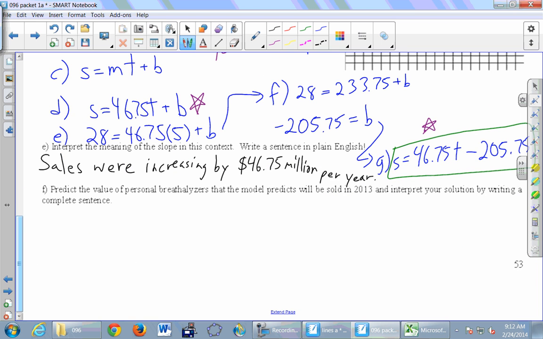Okay, part F says predict the value of personal breathalyzers in 2013. So how do we do this? Let's plug in 13 for T. That's it.